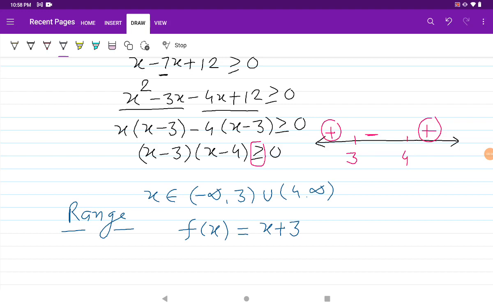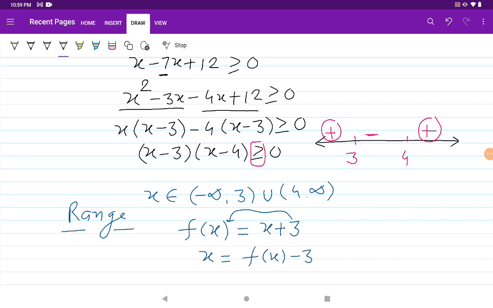If you want to find the range, I advise students to better write this function as x equal to. So x is equal to, you can transpose this 3 to this side, f(x) − 3.